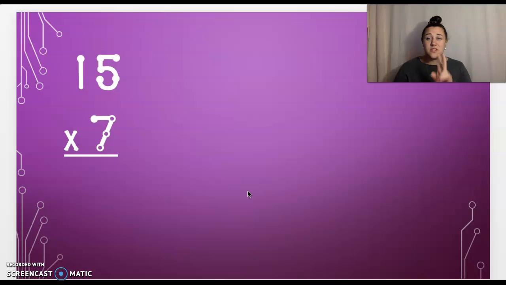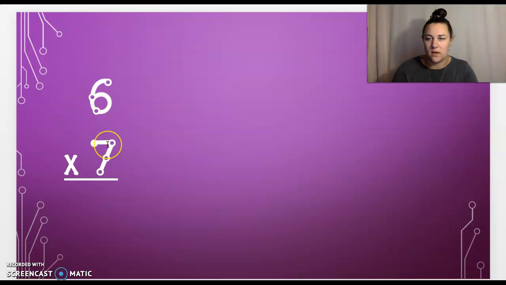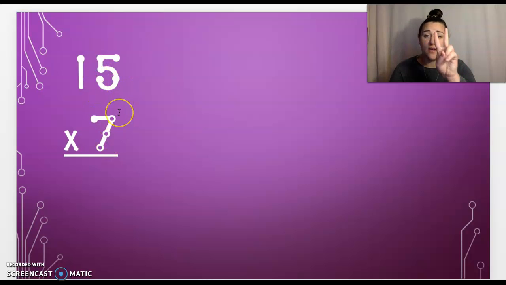Now remember, this one is a 2-part problem because our first number has 2 digits in it. It has a 1 and a 5. And the 7 has 2 jobs now, where in this type of problem, he only had to multiply by 1 number. Now he's multiplying by 2 numbers, 2 digits. So we always start with our ones place, just like in adding and subtracting.